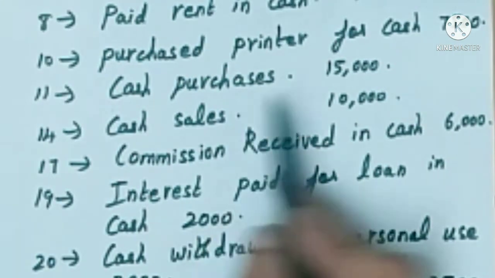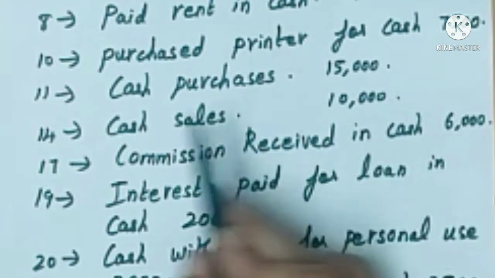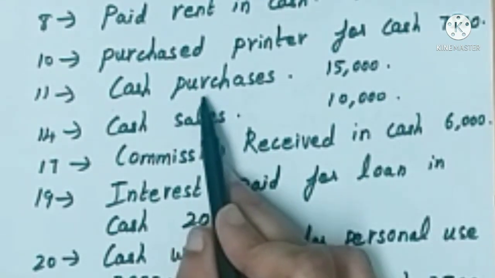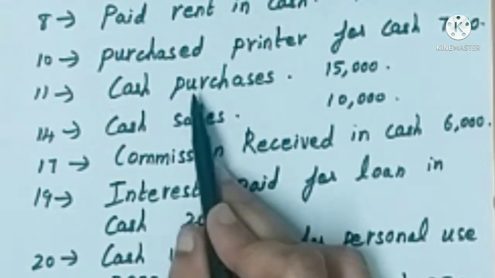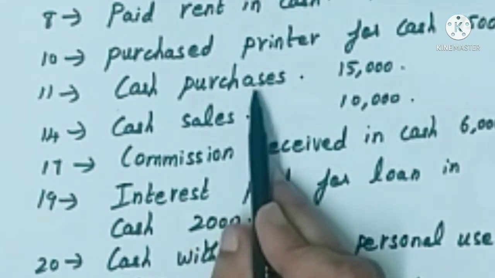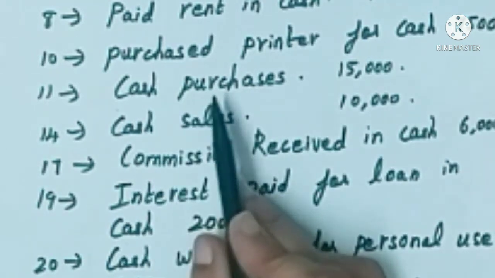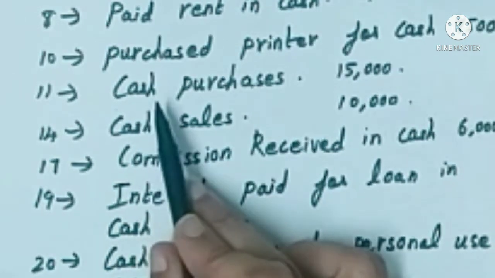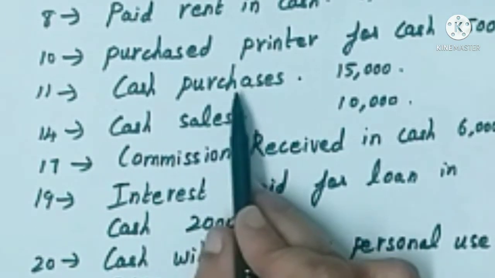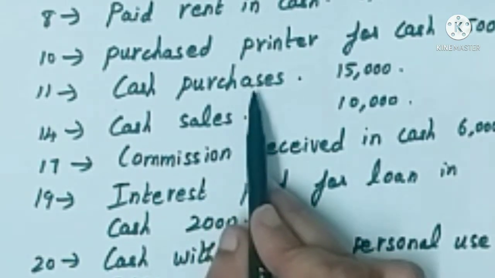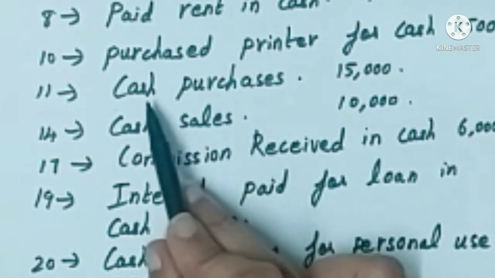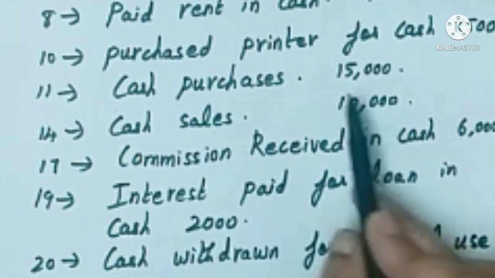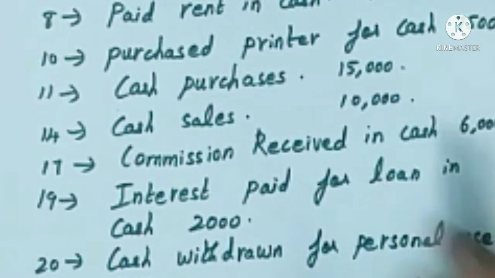Cash purchases 15,000. So what is happening here? We are purchasing. So purchase is an expense. Purchase account debit to cash account. Why is cash credited? Because when we make purchases, cash is going out. That's why cash account is credited. Amount is rupees 15,000.